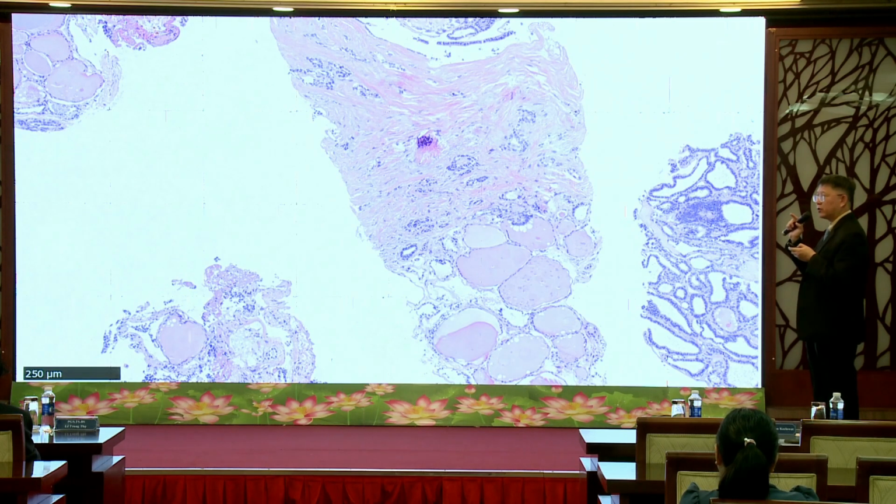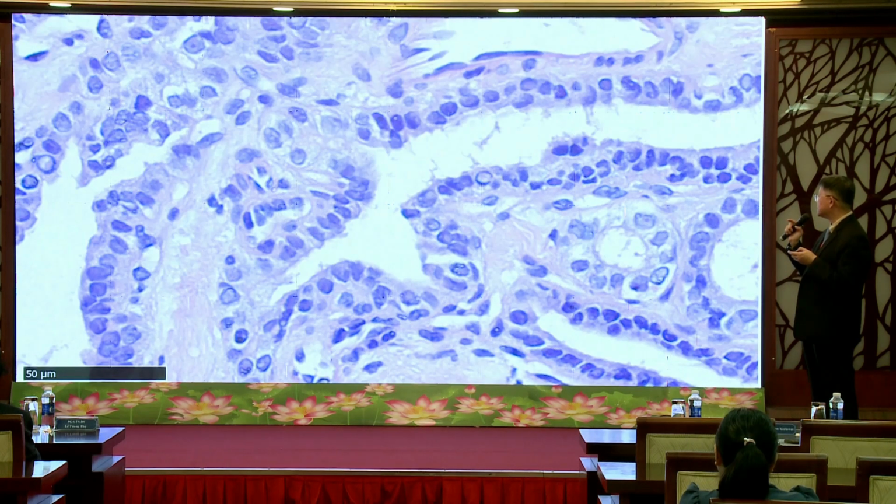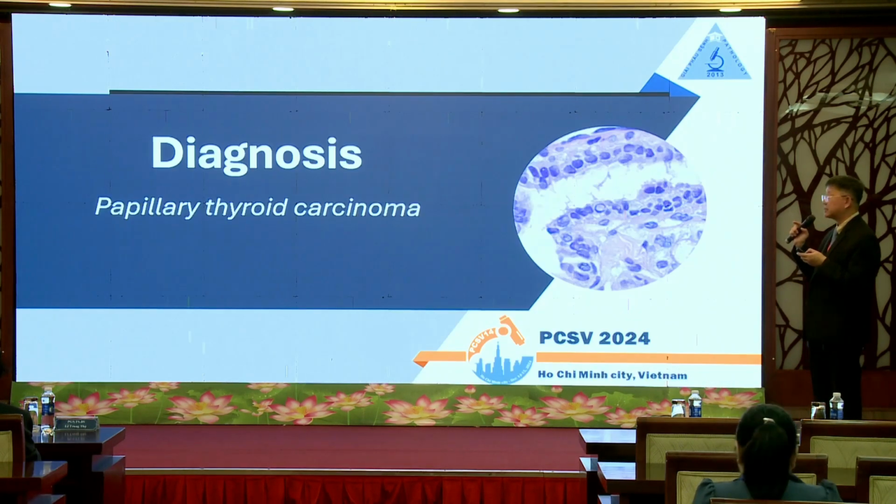But when you look at the nuclei, they look not typical for papillary thyroid carcinoma. But when you look closely, you can see intranuclear inclusions and nuclear grooves. So this is papillary thyroid carcinoma.